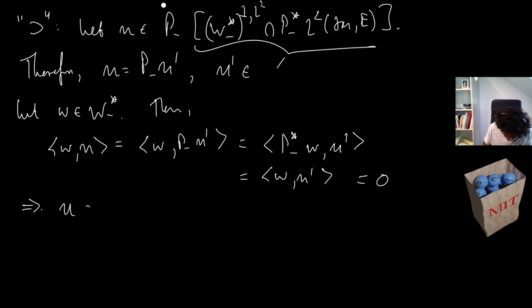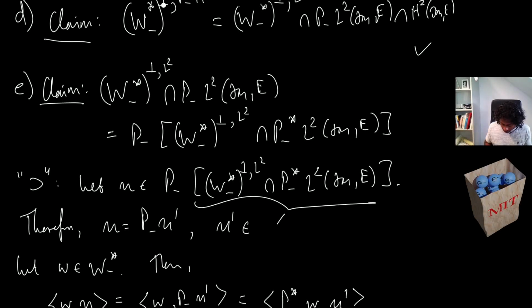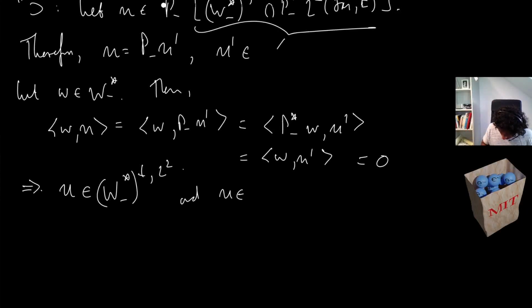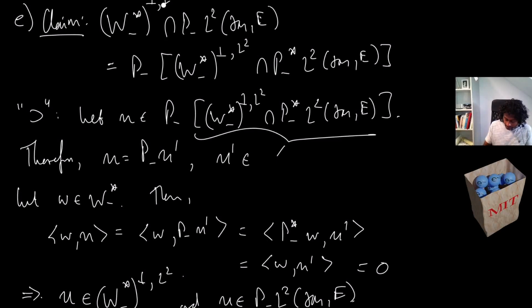So this tells me that U is in W minus star perp L2. And of course, by construction, we assume that U is equal to P minus of something, right? And U in P minus L2 partial. Okay, so that certainly shows the containment that whenever we're in here, we're in here.